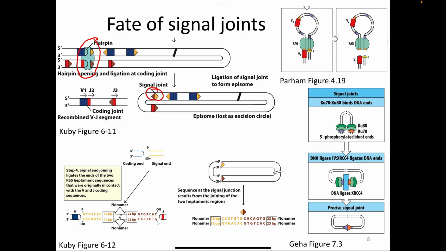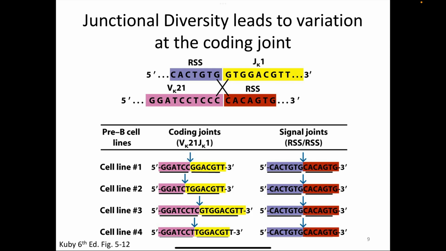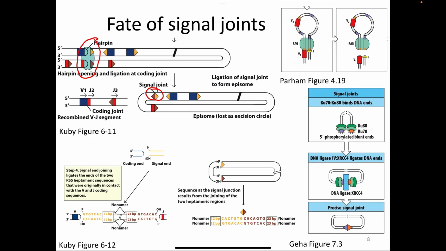The more complicated thing is what the heck do we do with the hairpins? You've learned about this general idea of you take a double strand DNA and you paste it together. That's sort of normal DNA repair. But you can't just paste the hairpins together. They're already top strand bound to the bottom strand. They're not just going to attach.